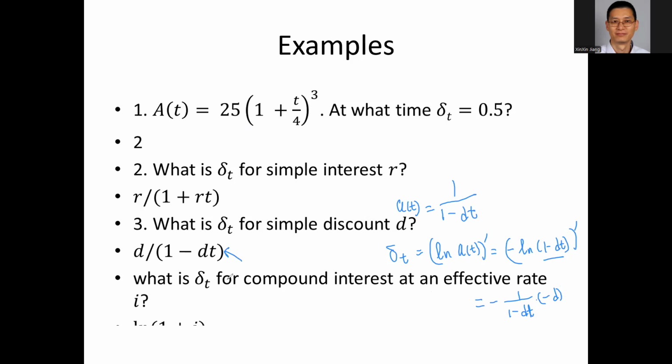Okay, so this is the force of interest. It's kind of interesting: as t gets bigger and bigger, it gets larger, and it possibly even becomes negative. So again, simple discount and simple interest are usually used when t is small.